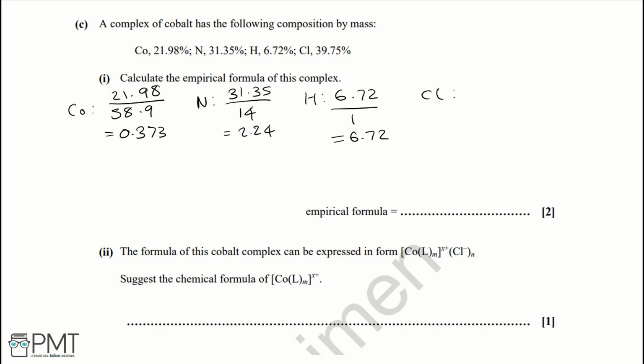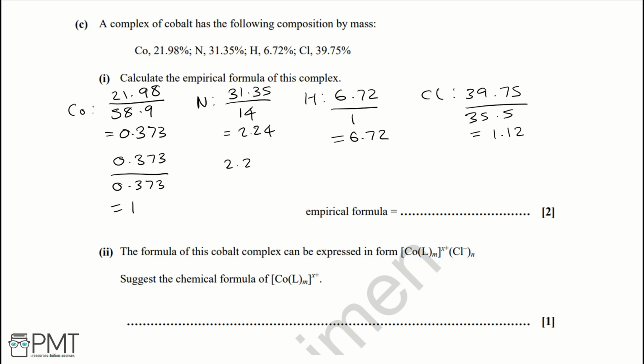And then chlorine, which is 39.75% divided by its relative formula mass of 35.5, gives us 1.12. Then we need to divide by the smallest. So we're going to do 0.373 divided by 0.373. That equals 1.